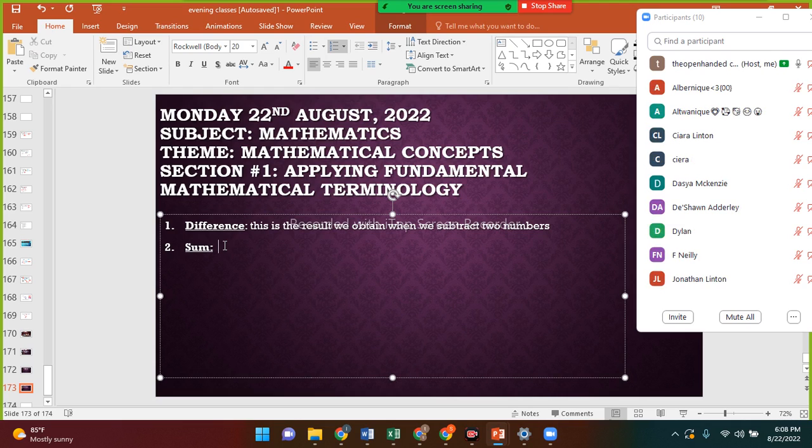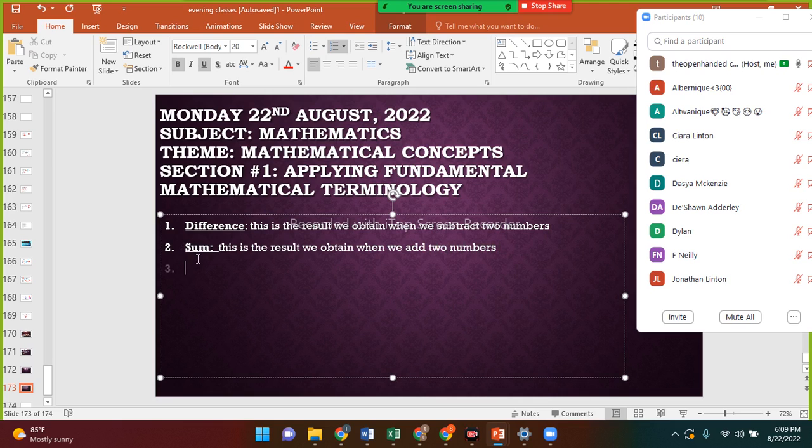Very good. So this is the result we obtain when we add two numbers. That's the sum.